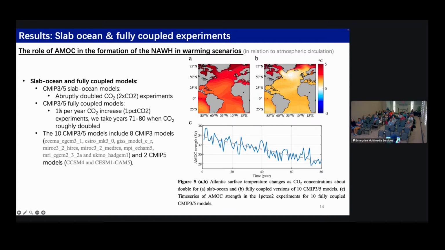But if you compare the slab and fully coupled, we can see that only the fully coupled ocean model, with all the dynamic processes in it, can simulate a warming hole, and that's why we compare the slab ocean and fully coupled models.